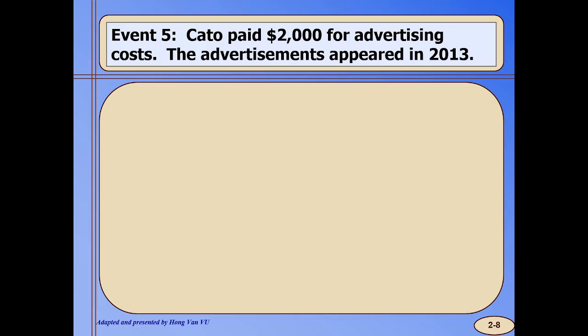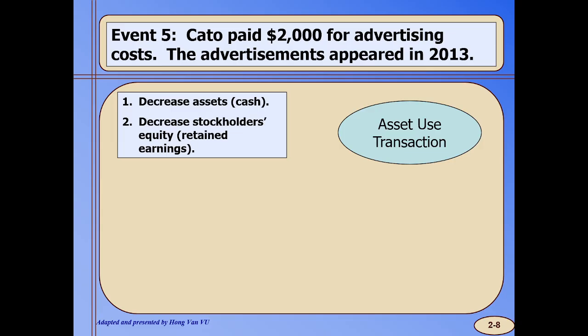Transaction number 5. The company paid 2,000 for advertising costs. The advertisement appeared in 2013. This transaction decreases the cash asset and decreases the retained earnings stockholders' equity account.